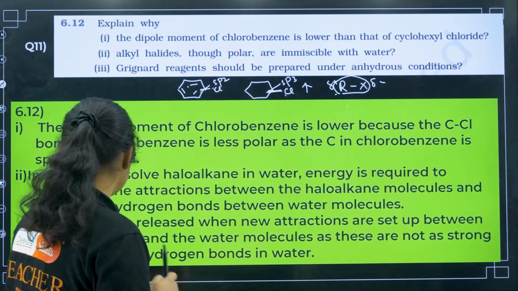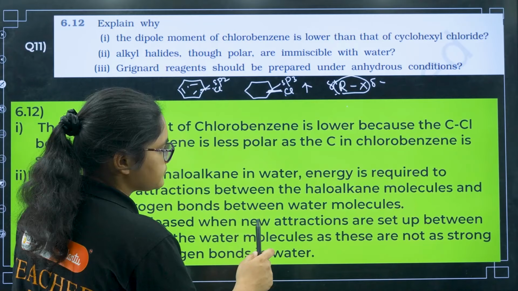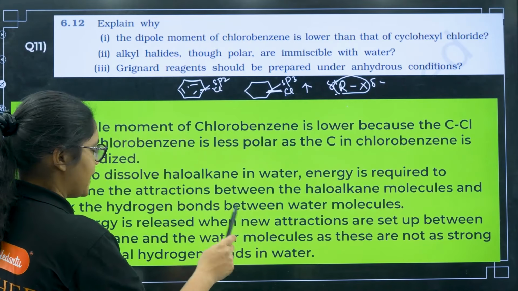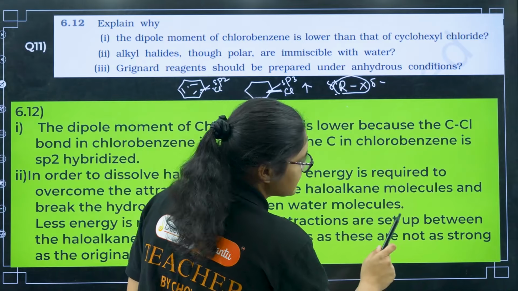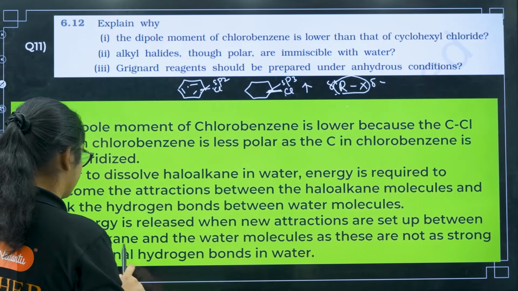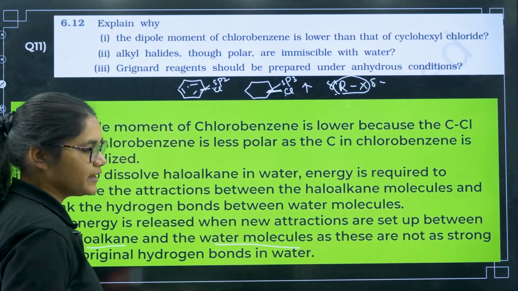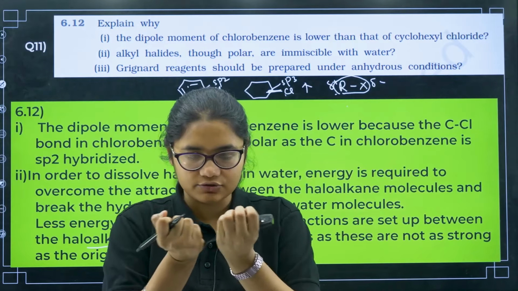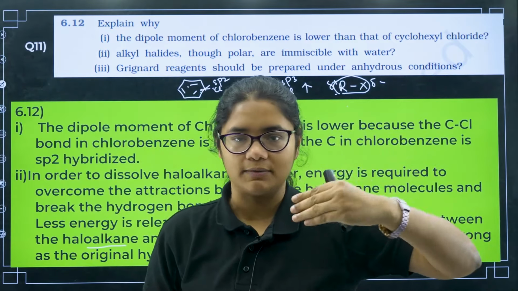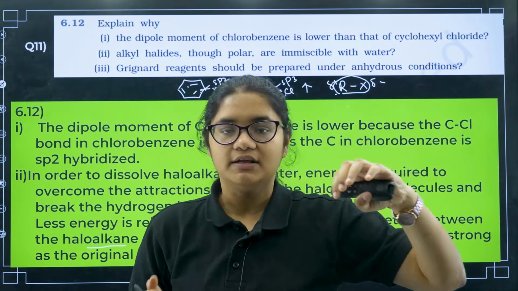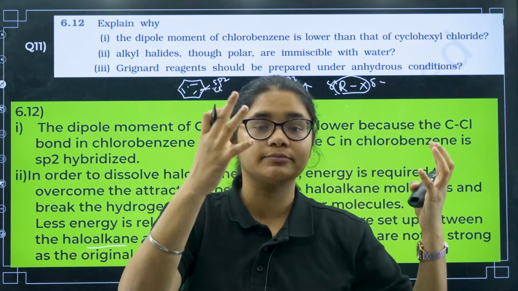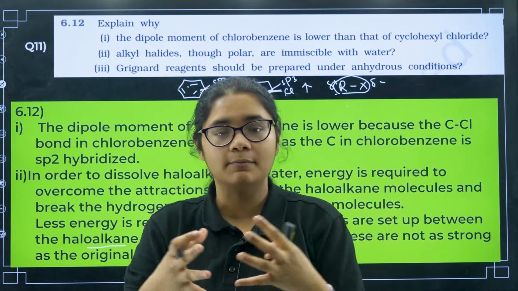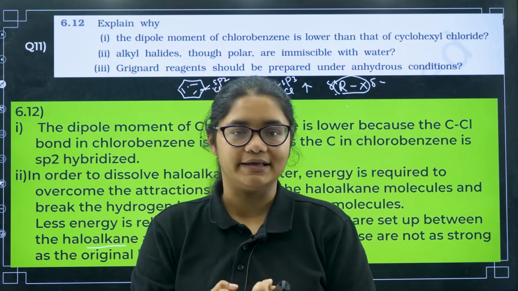So what happens here is, less energy is released when the new attractions are set up between the haloalkanes and the water molecules. You have to break these two bonds and form this one bond between haloalkane and water. So when you are forming this bond, how much energy is released? That should be equal or enough to break the bond between two haloalkanes, right?